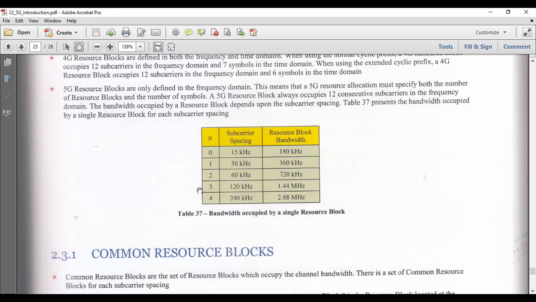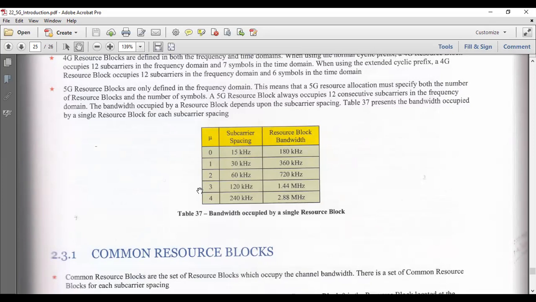A difference from the 4G concept is that for resource block, the number of symbols is not fixed. I mean, the frequency is fixed.